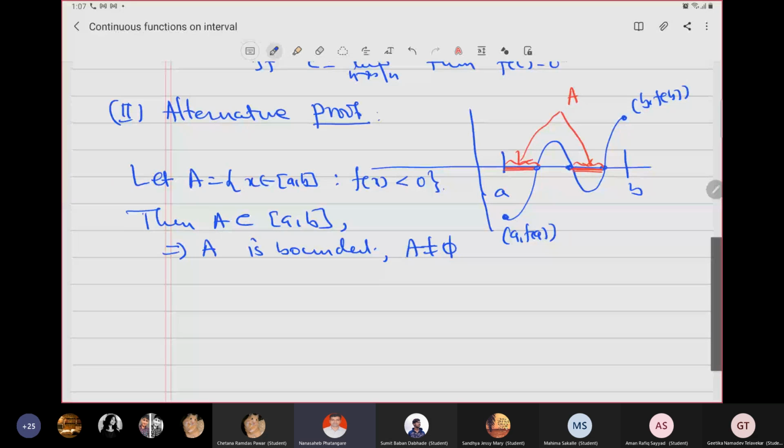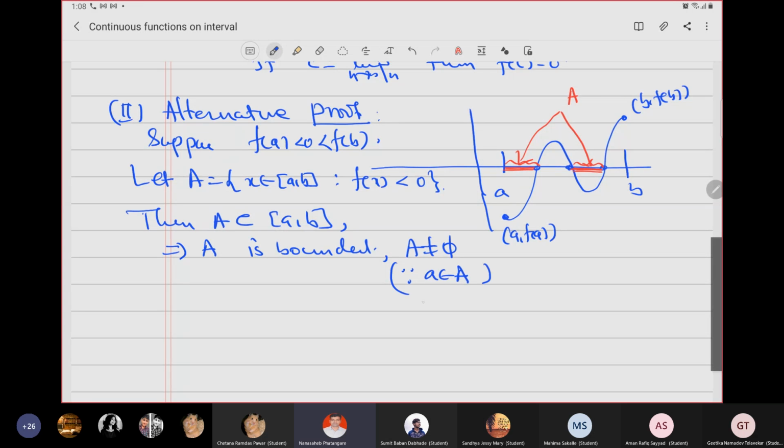In particular, suppose f of a is less than 0, less than f of b. Suppose the value of the function at a is negative, because our basic condition is that the signs of f of a and f of b are opposite, meaning one is positive and another is negative. So suppose f of a is negative and f of b is positive. Then at least a is a member of set A, because the value of the function at a is negative.